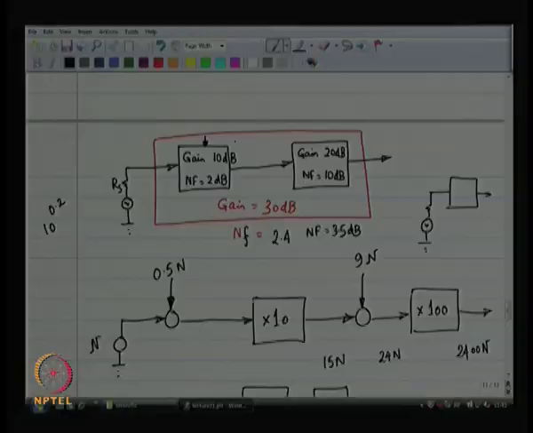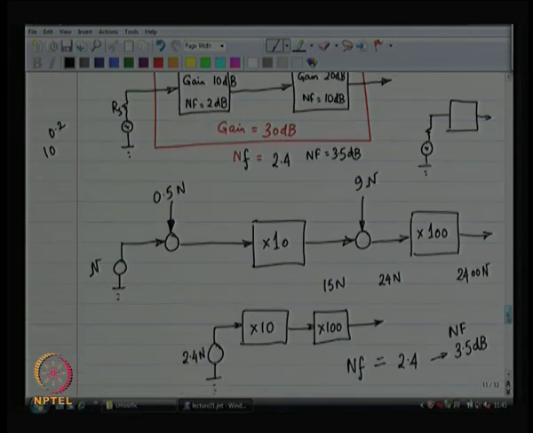So, to understand that, think of the gain of the first stage. Suppose I had a gain of 20 dB in the first stage. Suppose this was 20 dB instead of 10 dB. All right. What would happen? This new number would become 100. I would get 150 n over here.